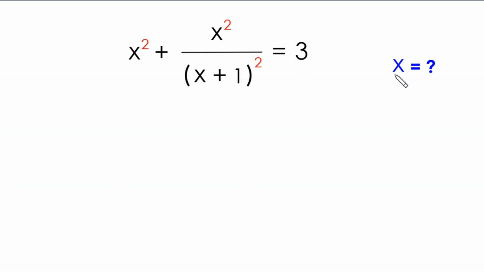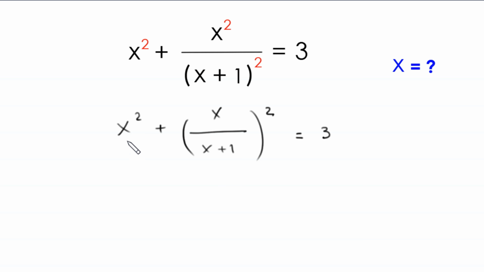So let's start. The expression at the left hand side can be written as x squared plus (x divided by x plus 1) whole squared is equal to 3.